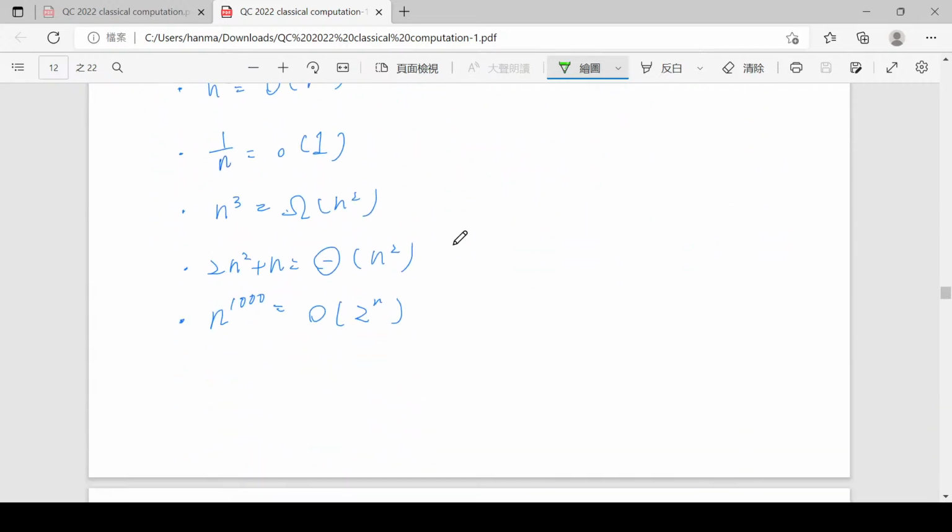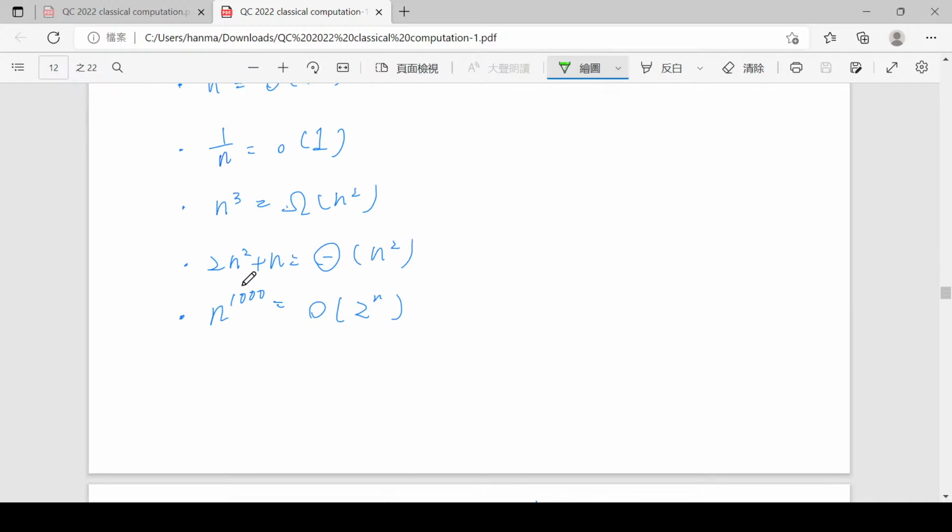So even n to the 1000 is big O of 2 to the n, meaning it grows slower than 2 to the n. Although this is purely theoretical, because in practice, if you see this n to the 1000 function, it also grows very fast, and it might even be slower than your exponential function.